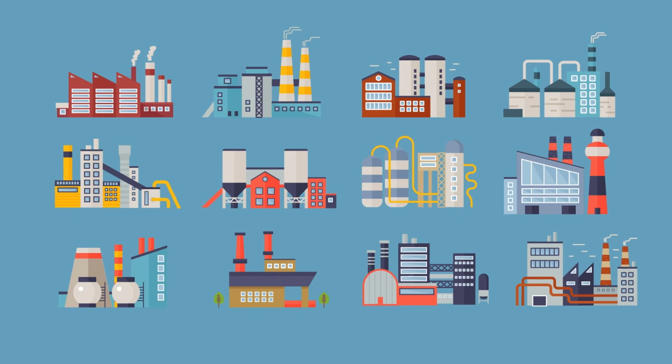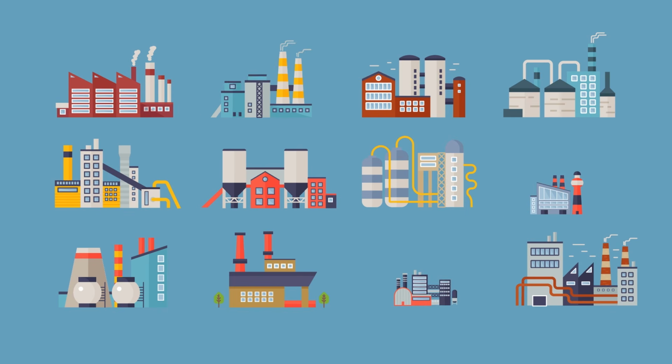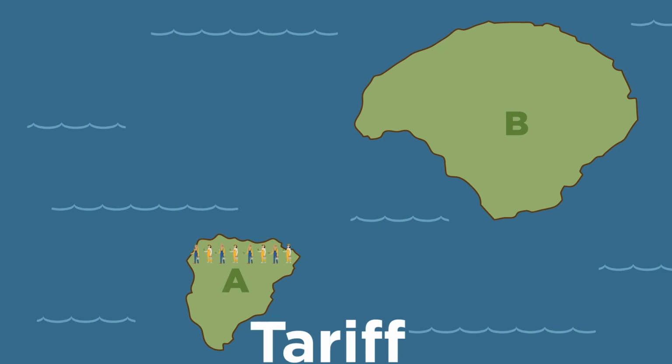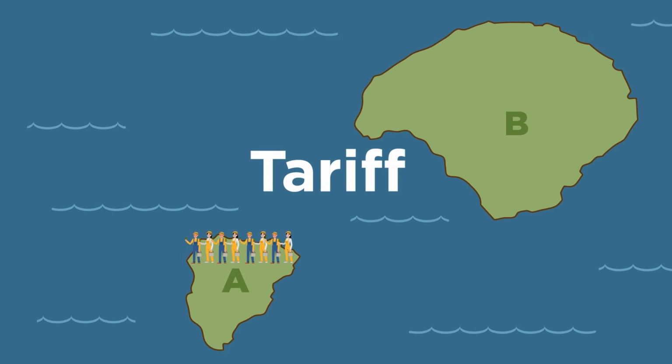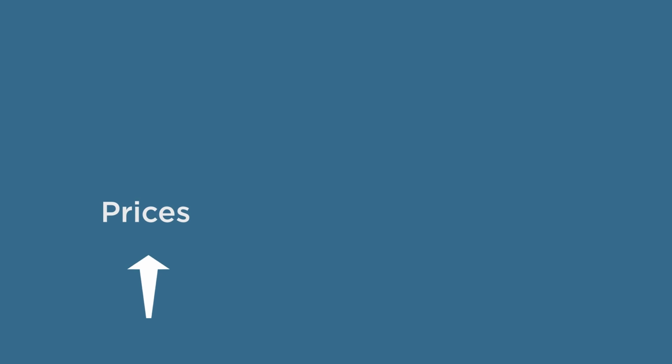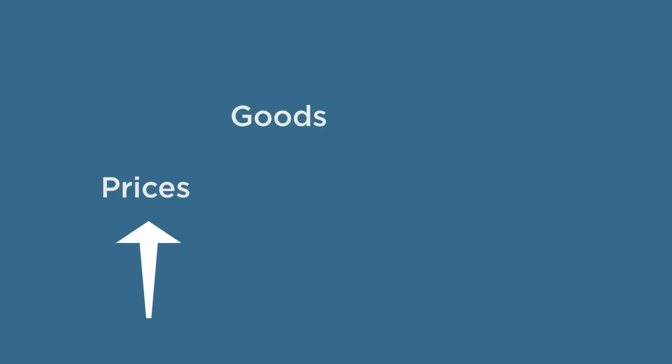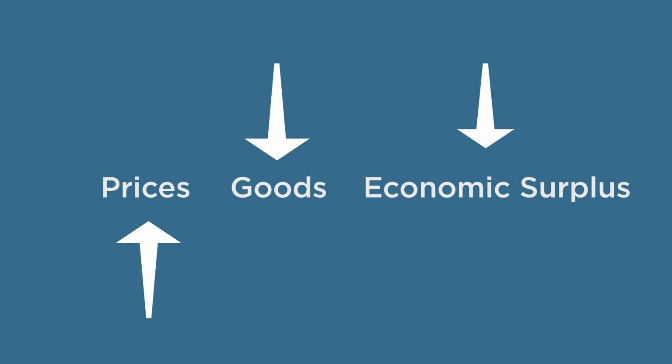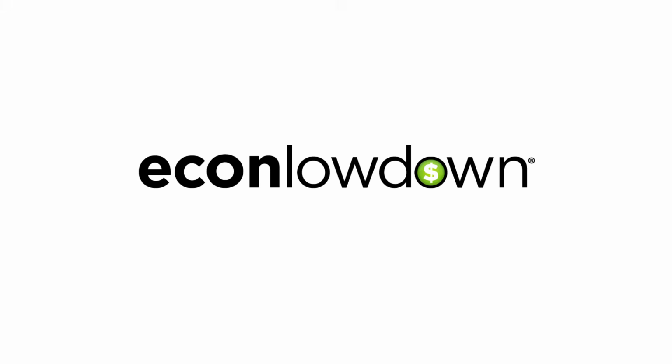Increases in competition mean that some businesses can't sell at that lower price, and that many workers at those businesses will lose their jobs. While tariffs seem like an obvious solution because they support domestic sellers and workers, they result in an inefficient use of resources, leading to higher prices for consumers and fewer goods sold, and ultimately a decrease in economic surplus.